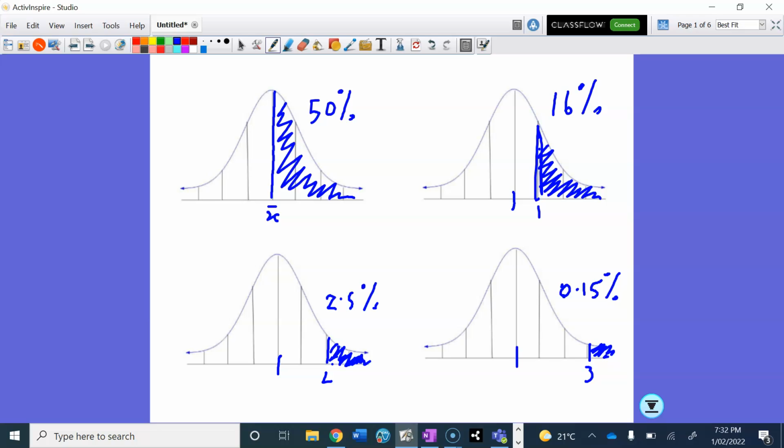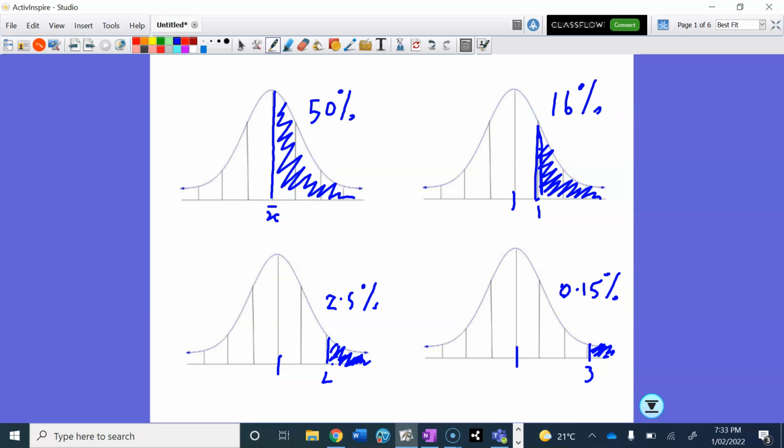So in terms of our normal graph, it doesn't matter what size the group of people or data is, 50% of the values will be above the mean. 16% of the values will be 1 standard deviation above the mean. 2.5% of the values will be 2 standard deviations above the mean, and 0.15% of those pieces of data will be 3 standard deviations above the mean.